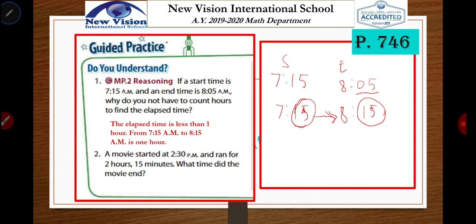Number 2. A movie started at 2:30 p.m. and ran for 2 hours, 15 minutes. What time did the movie end? Okay, so what time does it start? It starts at 2:30 p.m. p.m. means morning or afternoon?